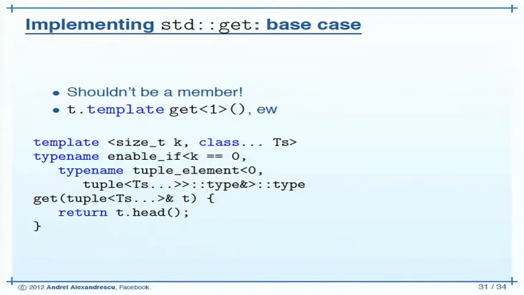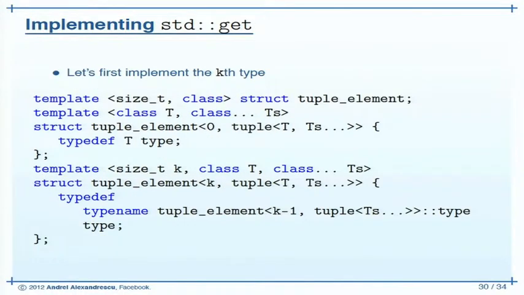But if you put something inside the parentheses, it would look legit. It looks like two comparisons, right? And there's a lot of code that would be ambiguous that way. To disambiguate, you need to write .template. To get rid of that template, we make get a free function. So now you know exactly what's going on, right? Okay, so let's implement this get thing.